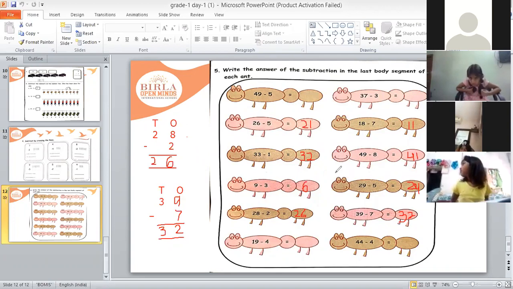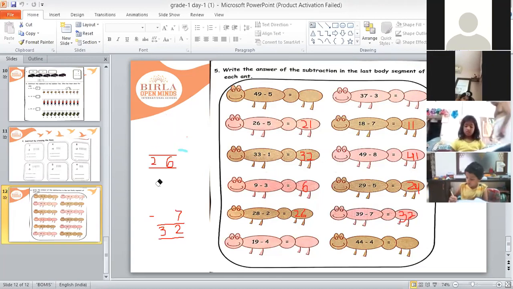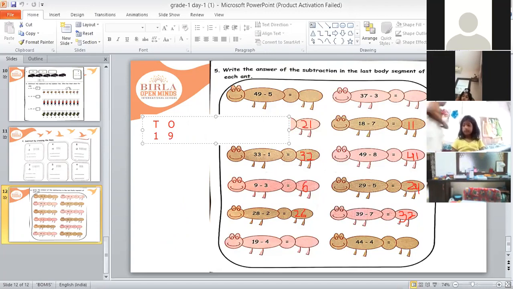Sai Ritvik? Yes, ma'am. Now read second last question. And children, you have to solve these in your math notebook also. Second last question. 19 minus 4. Okay, that's correct. Wait, let me write and then you tell.